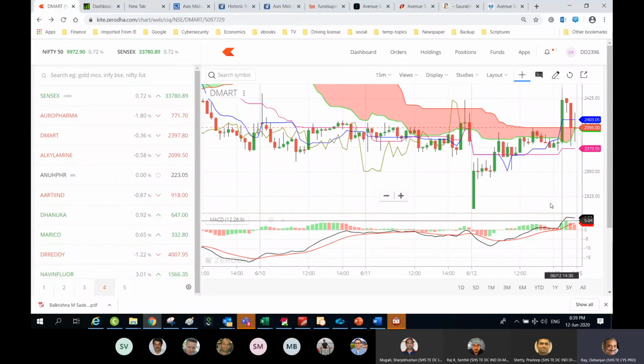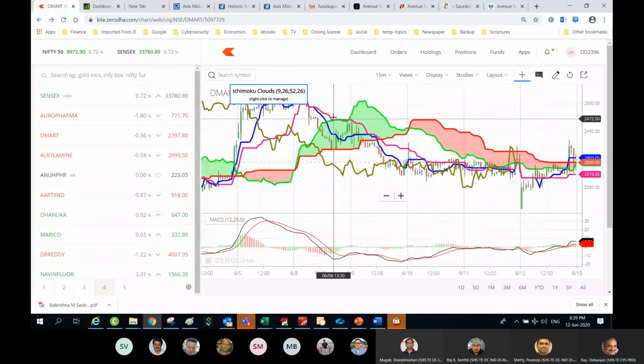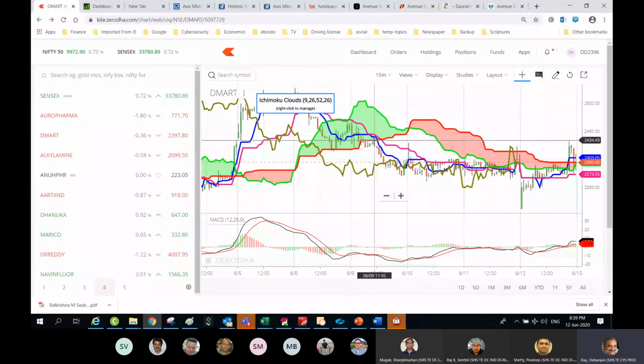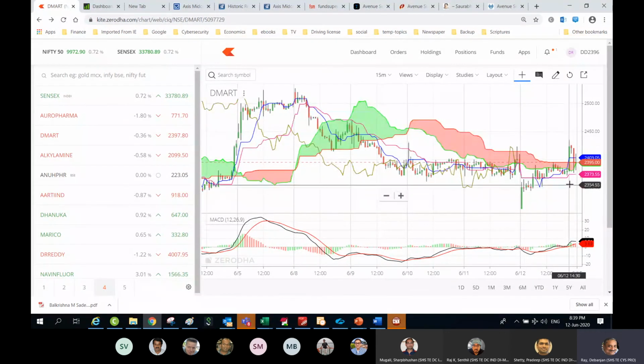It has crossed the Ichimoku. Now, if I expand this figure, you see this point of time is for the short term, and when it has gone below the cloud, I will exit. This has crossed down, so I will exit from the stock.